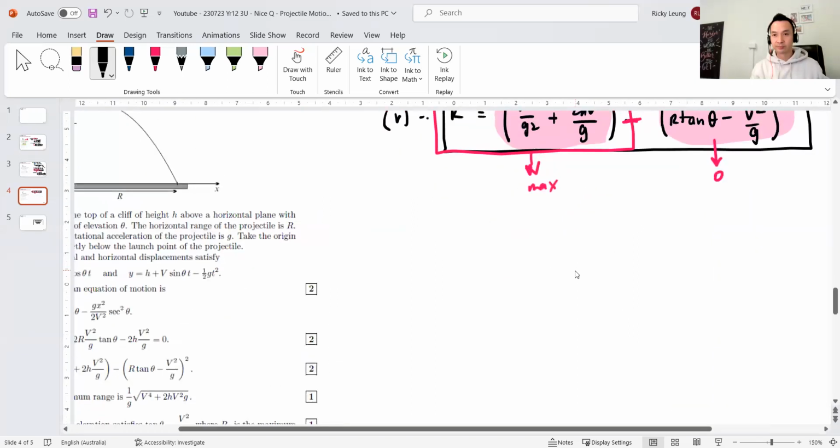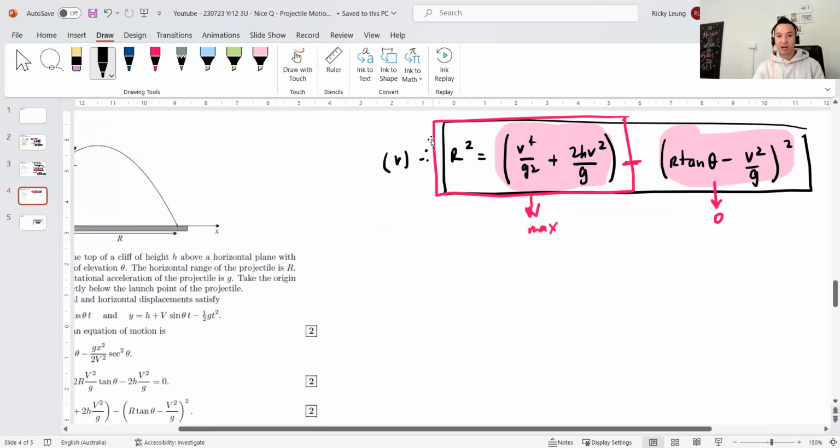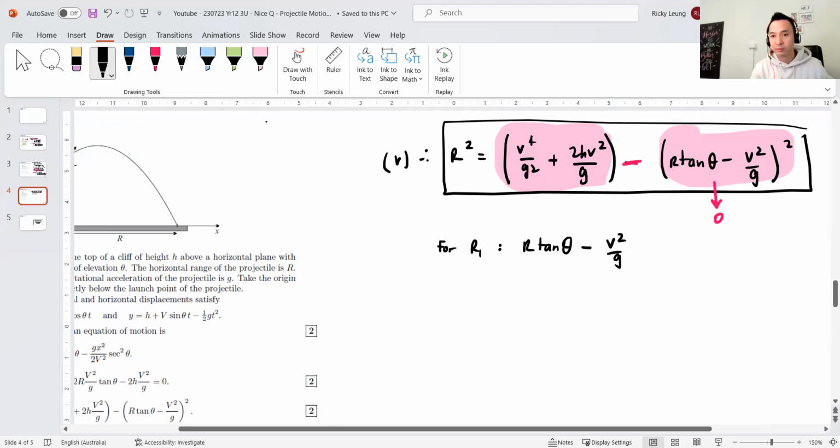Let's start there. In part 5, we're going to use the fact that for R1, this has to equal 0. So for maximum range, this has to equal 0. And then what did they ask me to do? Make tan the subject.